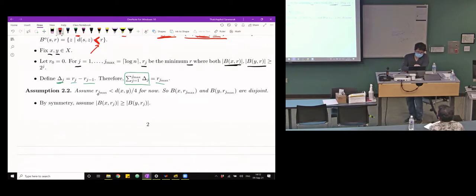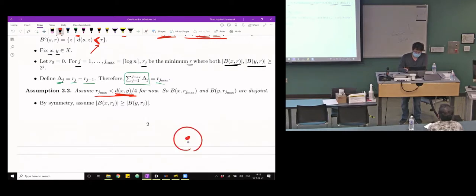So let me start with one assumption, that r_j max is not too big. It's smaller than the distance over 4.